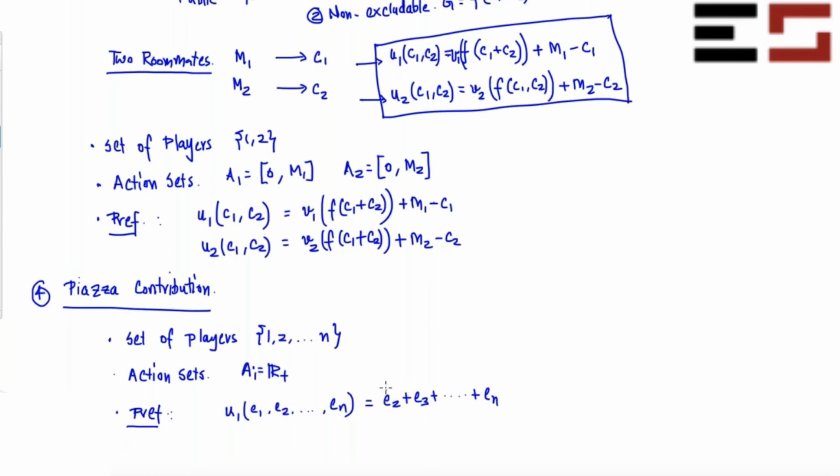If you want, you can put some v around it. So it's some function of the sum of the efforts of the other people, minus the cost of your effort. Is that okay?